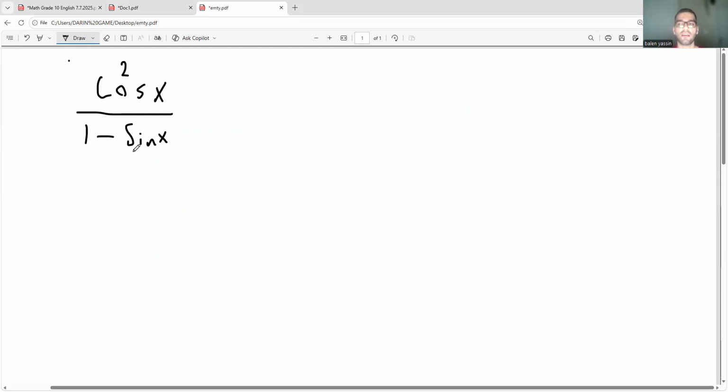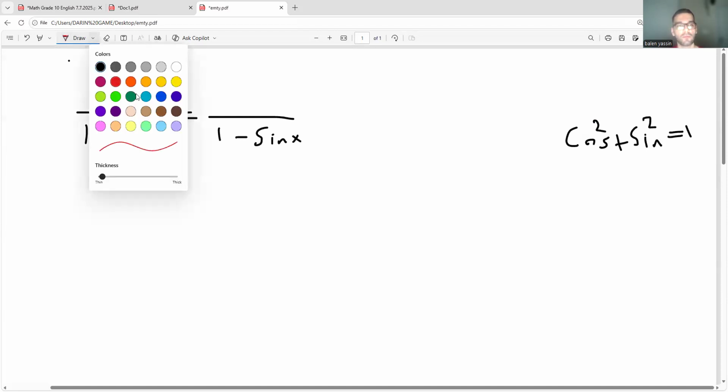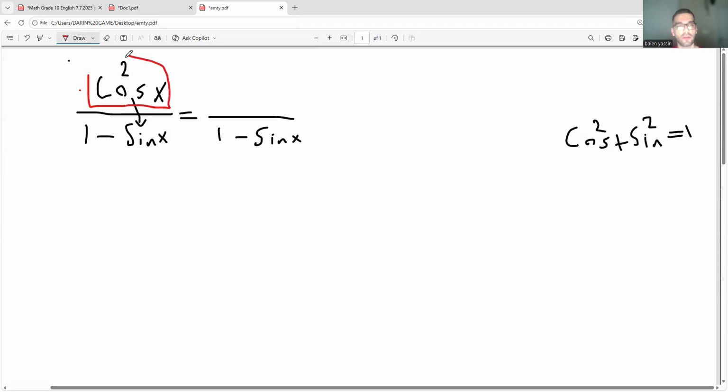Now, since sine doesn't have a power 2, we want to change the cosine into sine. Okay. How do we do that? We write 1 minus sine of x similarly. Okay. How do you change cosine squared? Remember again, cosine squared plus sine squared of anything is equal to 1. This time we want to replace what? We want to replace cosine squared. So from this relation, how do you find cosine squared? You move the sine squared to the other side, like this.